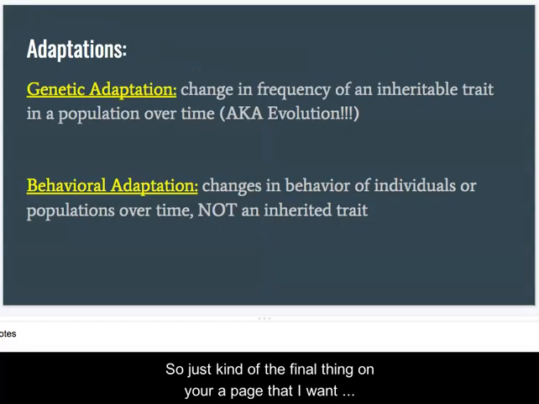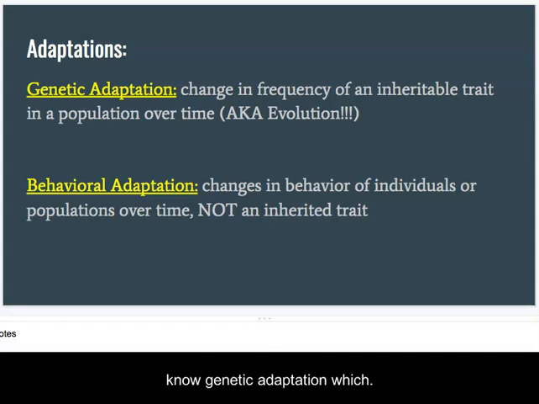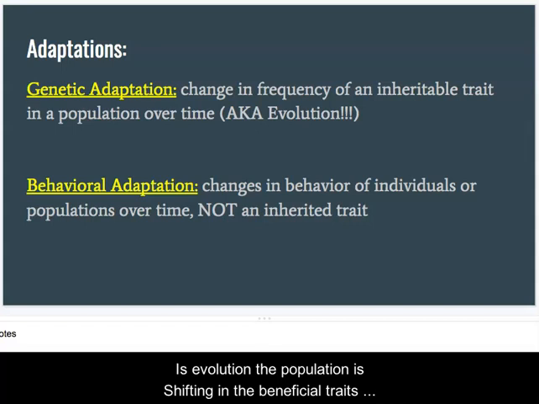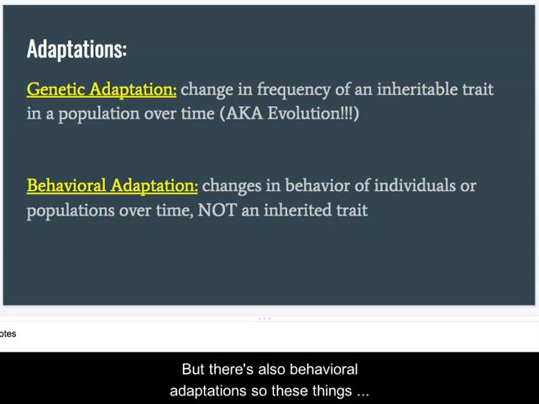And so just kind of the final thing on your A page that I want you to make sure that you get down is that there are genetic adaptations, which is evolution. The population is shifting and the beneficial traits are being passed on to future generations. But there's also behavioral adaptations.